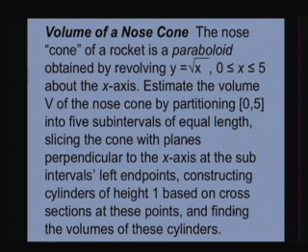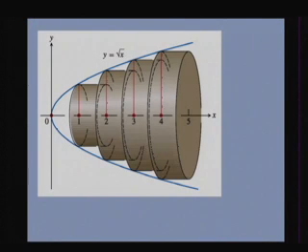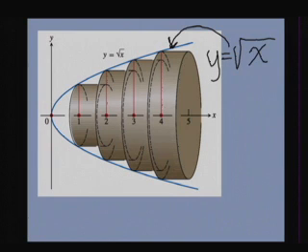And then finding the volumes of these cylinders and obviously adding them together to get the total volume of the cone. Here's a diagram that will help you to find the approximation. This blue line is your curve y equals the square root of x, which is being revolved around the x-axis to create the nose cone.